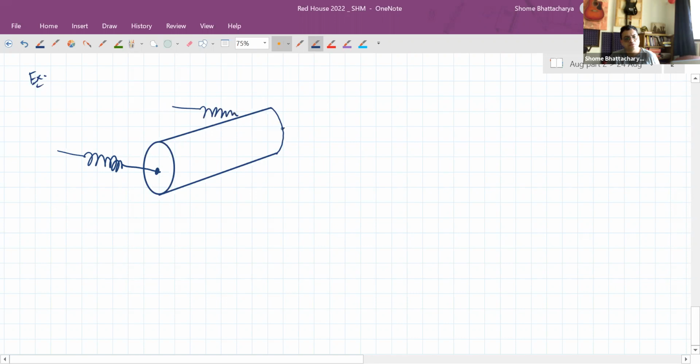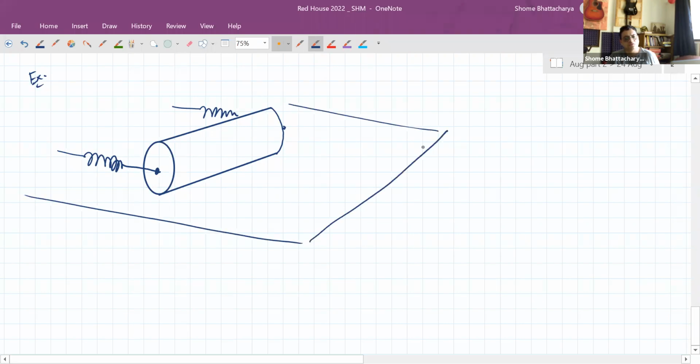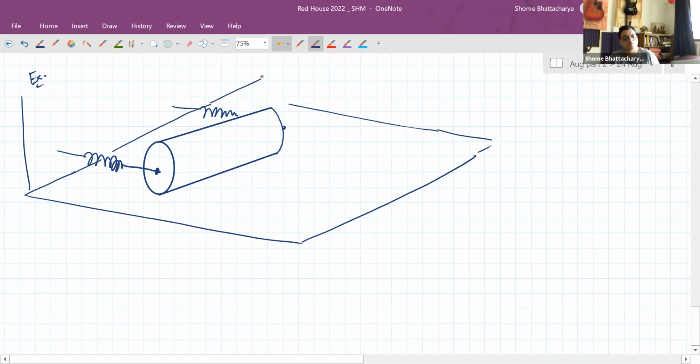On the other side also, the axle has a spring attached. This is some kind of a rough surface. The springs are attached to a wall. That kind of situation. Each spring is of constant K.